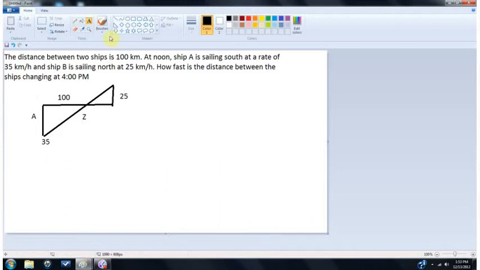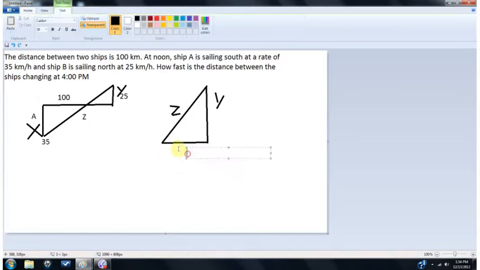So our next step is to simply clean up our diagram. So this is our x and this is y. So what we do is we draw another one: y, z, and this is our 100 because that is the distance that the ships are far apart.